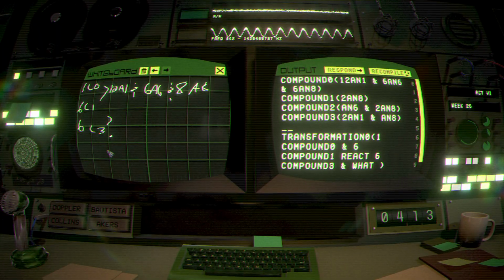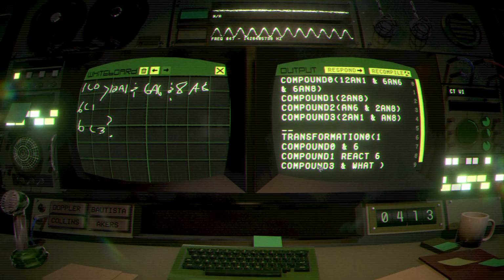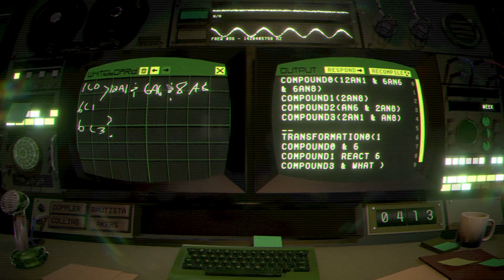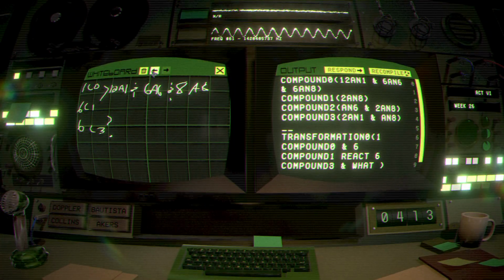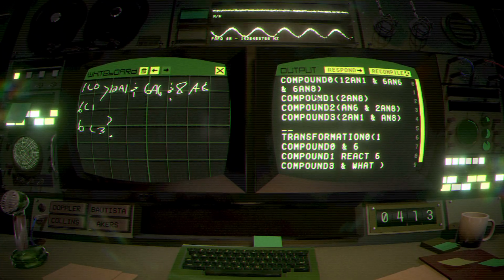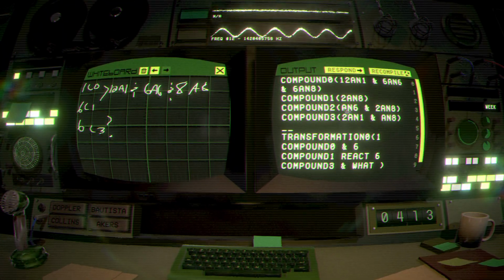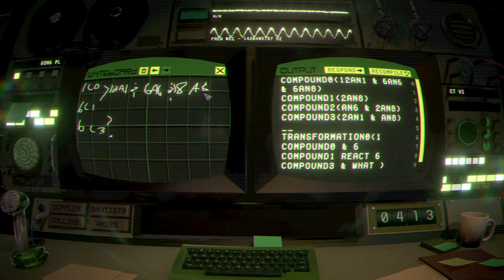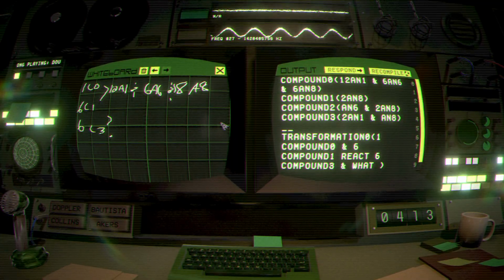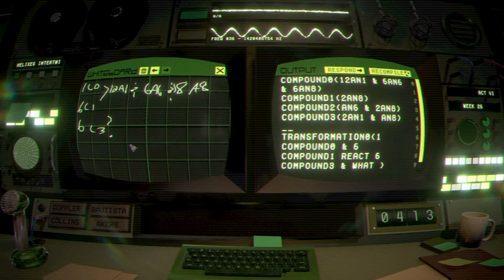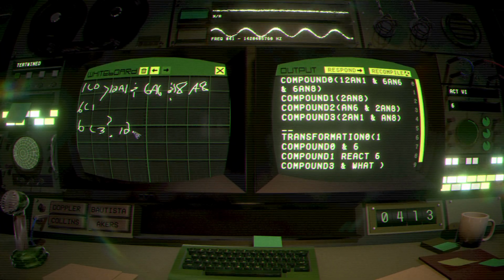Okay. No, because it's 6 compound 1s. So 6 times 2 is 12, plus 6 is 18 A and 8. Okay. So we have 6 compound 3s. So 6 times 2 is 12 A and 1s.